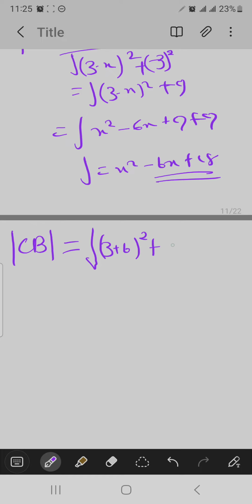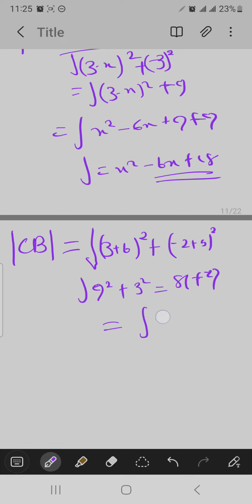Plus (minus 2 minus minus 5) all squared, which is plus 3 squared. So this now will be the square root of 9 squared plus 3 squared. So this one will now be 81 plus 9. So this one is going to be the square root of 90. That's this.